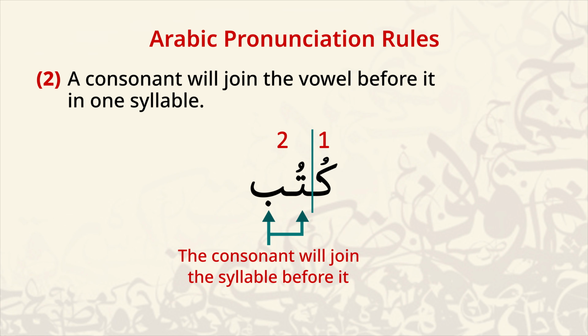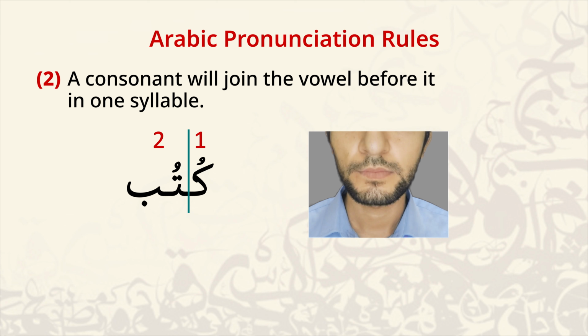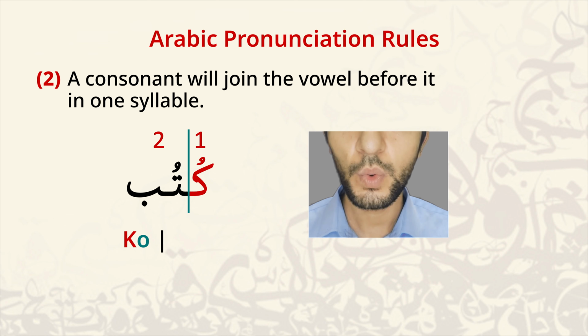Let's break this word down. In the first syllable, this letter gives the sound k, and it has Dammah, so we add the sound o. So the first syllable here sounds like this: ko. In the second syllable, we have two letters. The first one sounds like t, and its label is also Dammah, so we add to.